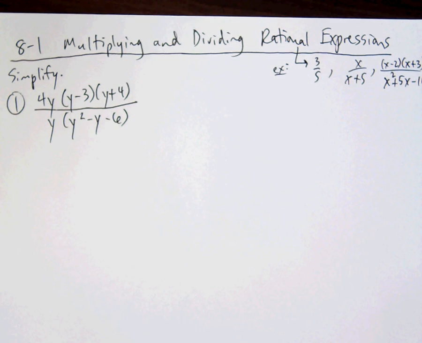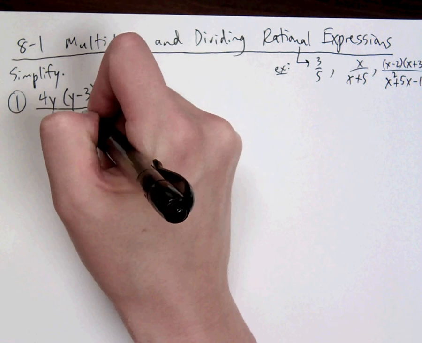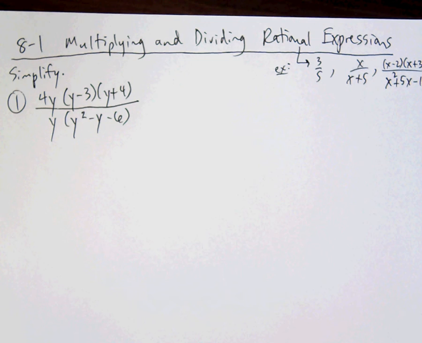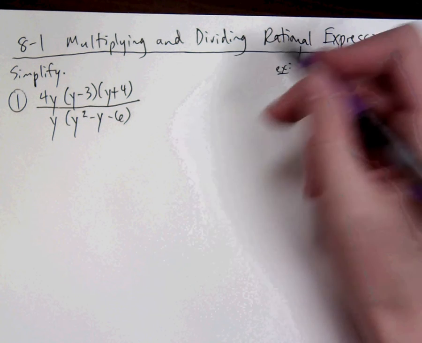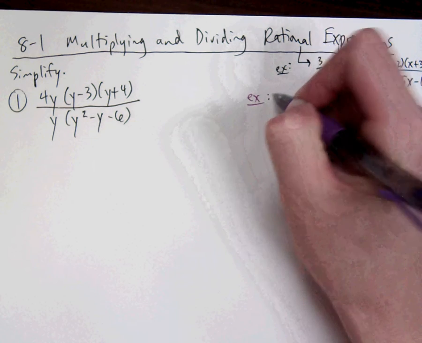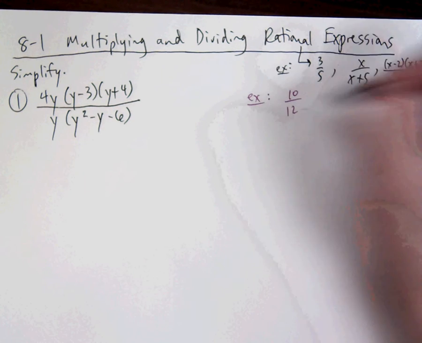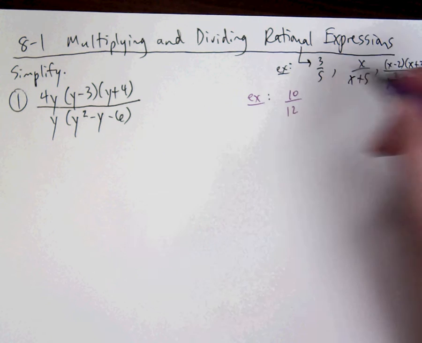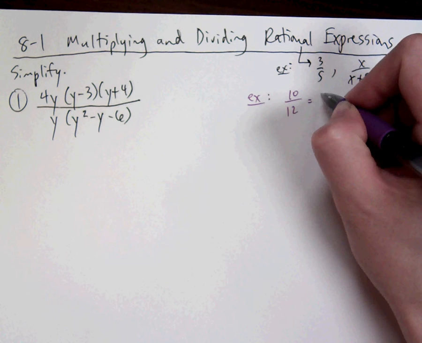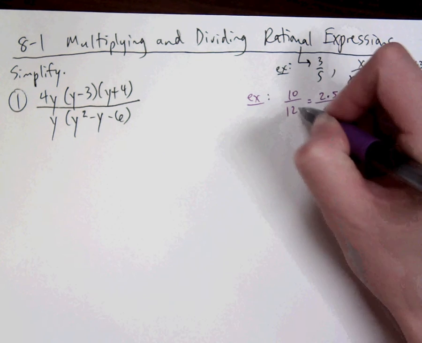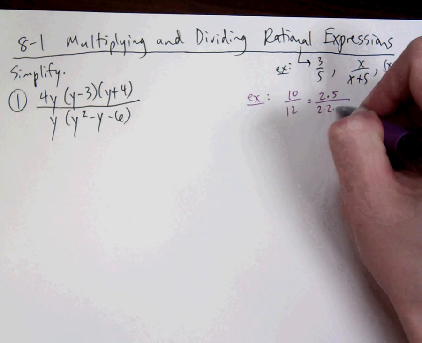So remember, the only way to actually simplify something, when I'm simplifying fractions, so again, this isn't an example I have to write down, but when you're simplifying something like 10 over 12, the reason you can simplify the 2 out of it is because you know that 10 is 2 times 5, and that 12 is 2 times 2 times 3.